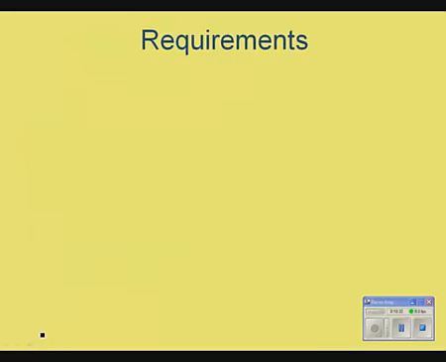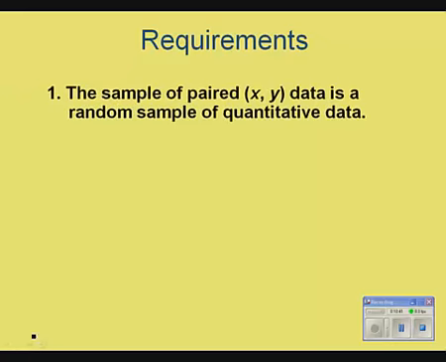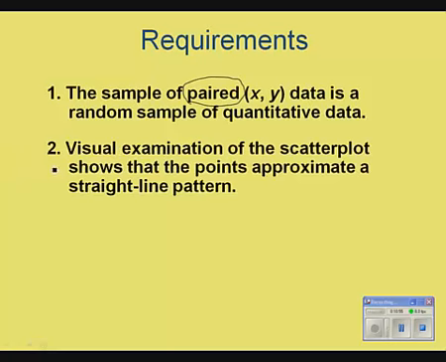Requirements in order to do this. And again, what's my main point? Everything we do has requirements, right? So we'll go quickly through this. The sample of data is a random sample of quantitative data. And notice it's paired. That's the big idea here, I think. You need the x's and y's to be paired. Notice what it says we want to do.